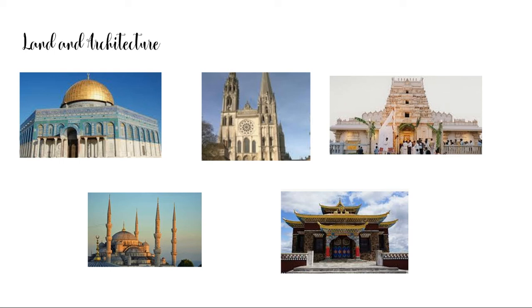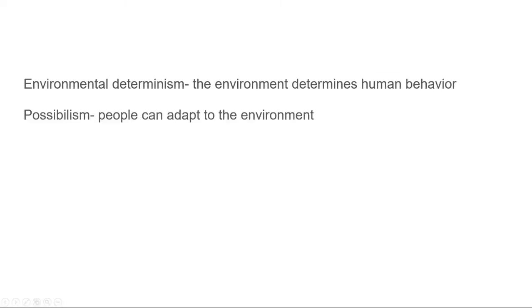There are actually many types of church buildings. The one right next to that is a Hindu temple. The one right below the Hindu temple is the Buddhist temple, and the one to the left of that is the mosque.